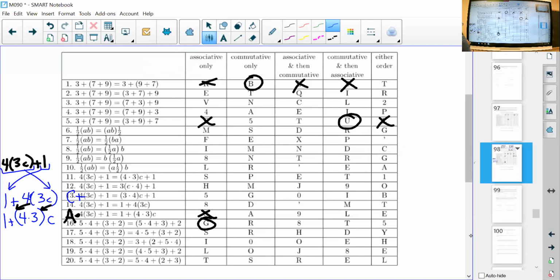We have associative of multiplication, commutative, and then associative. Okay, so it's not commutative only. It's not associative and then commutative only, but I don't know if it's either order yet. Let's find out. Let's see if we can do this with associative first. 4 times 3c plus 1.